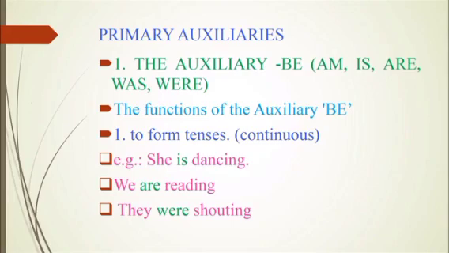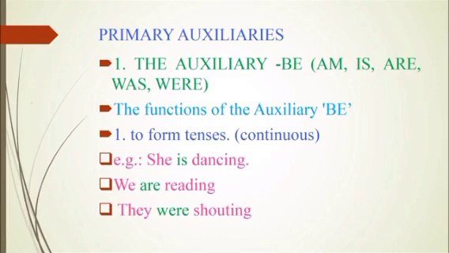Example sentences are she is dancing, we are reading, they were shouting. Here is, are and were are be forms of verbs.